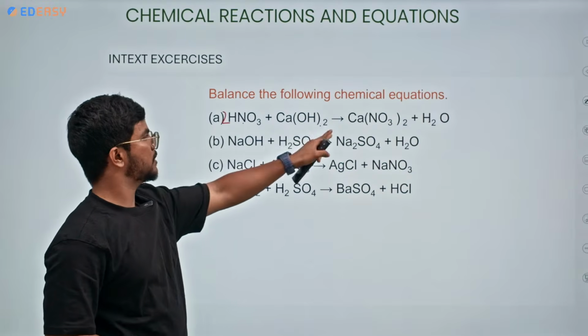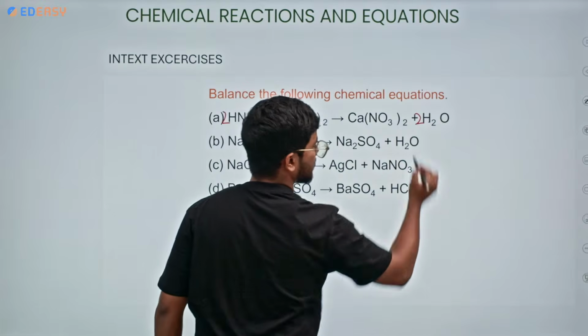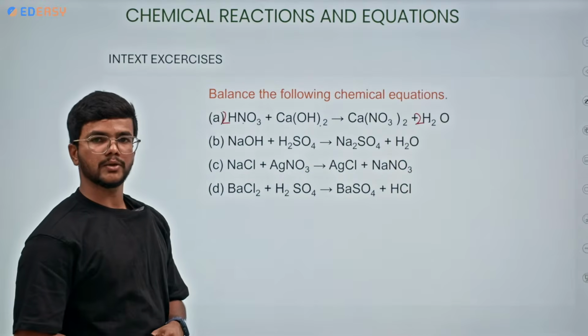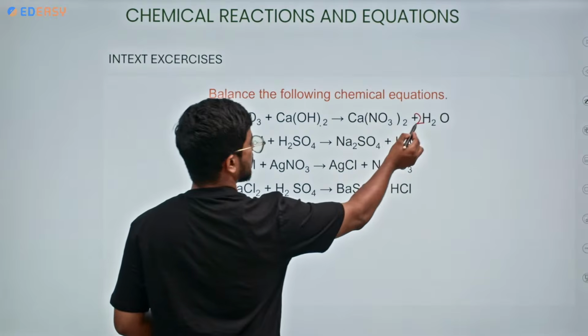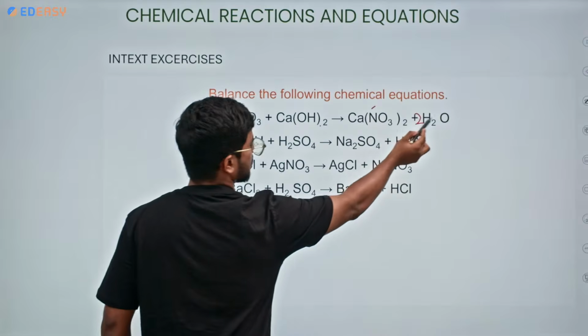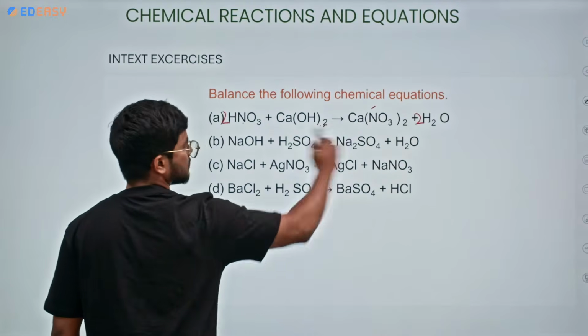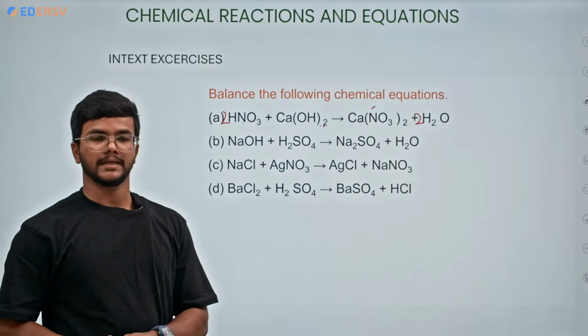Hydrogens, 2 hydrogens, 4 hydrogens. But here 2 hydrogens, so just multiply by 2, 4 hydrogens, and oxygens are 2 oxygens. Don't count these nitrates, nitrates are already balanced. 2 oxygens, calcium 1, calcium 1. So everything is balanced.